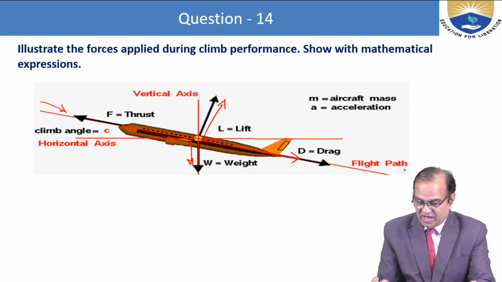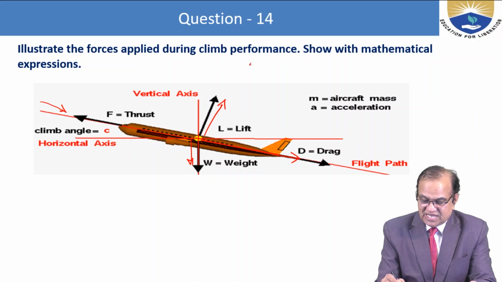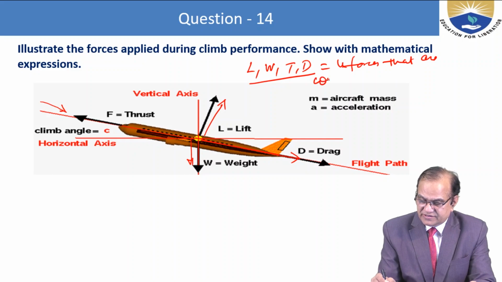This is the flight path. M is the aircraft mass and A is the acceleration of the aircraft. So all the forces, that is lift, weight, thrust and drag, these are the four forces that are considered for this flight.